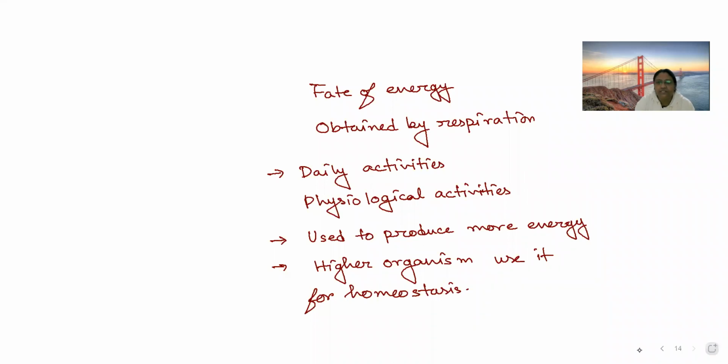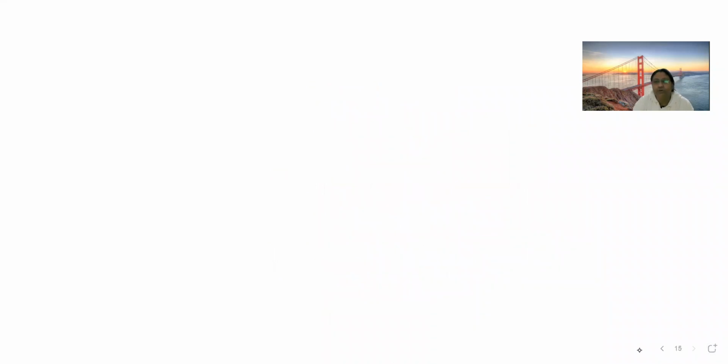So now we will enter into the process of respiration. For any kind of respiration process, if I am talking about respiration at the cellular level, we know that in case of plants, they have carbohydrate mainly as a respiratory substrate.